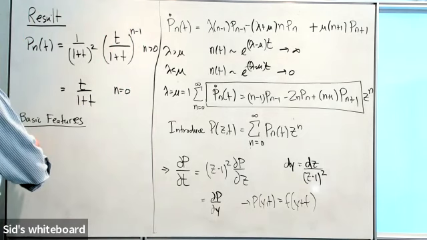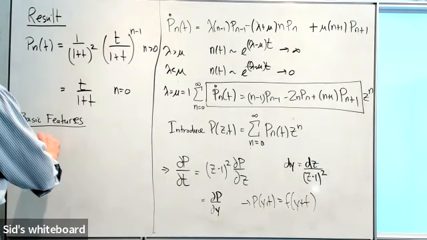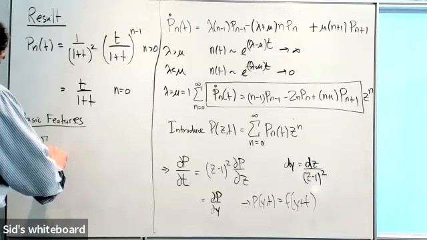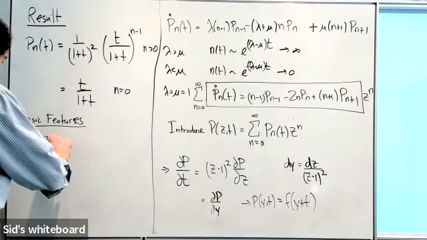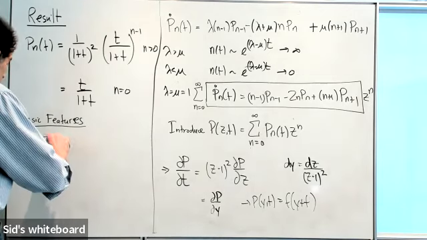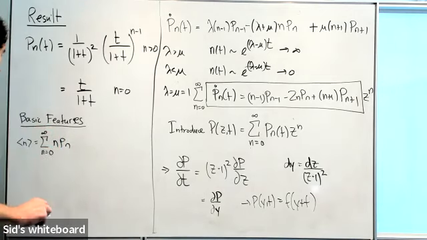So let's compute n average, which is equal to summation n equals, and here it doesn't matter if I start at 0 or 1, because I'm multiplying n pn. So the term n equals 0 contributes nothing to this.